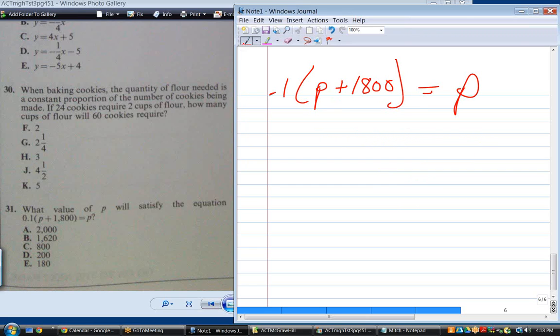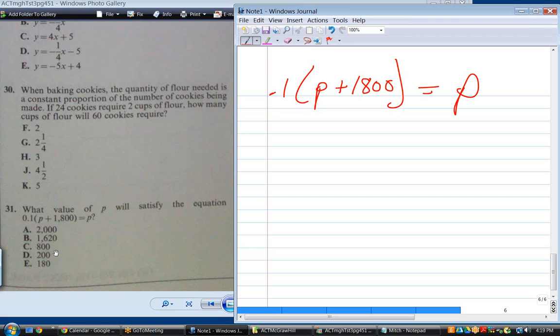However, notice that we could have back solved this thing. In other words, I could just check all the answers. Does 200 work? Instantly, if we happen to start with 200. But if we started with 1620, it wouldn't work. And we could just go through all 5 answers until we found the right one.